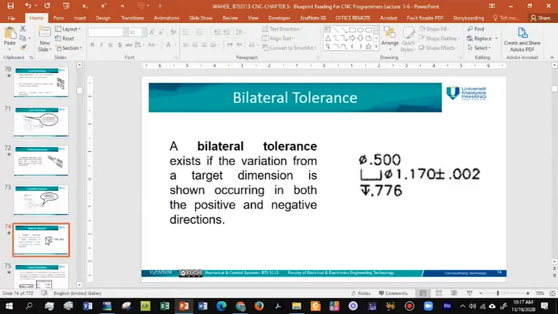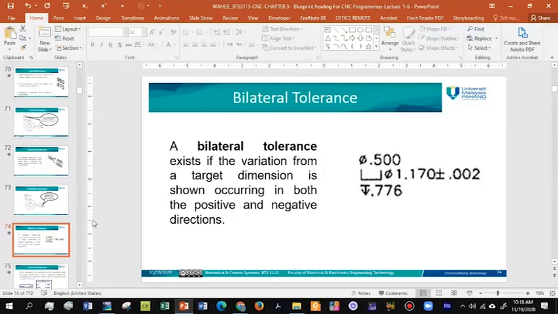The third type is bilateral, and the bi comes from the two directions. So it allows an upper value and a lower value of tolerance. You have the dimension, and above it you have some range to change, and below the dimension you also have some range to change.